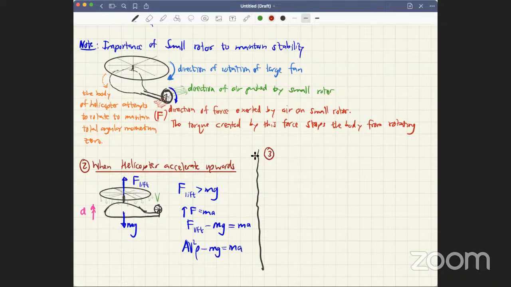So that's a very interesting concept. When the helicopter moves horizontally, let's say if I can get the diagram right, wait a minute.